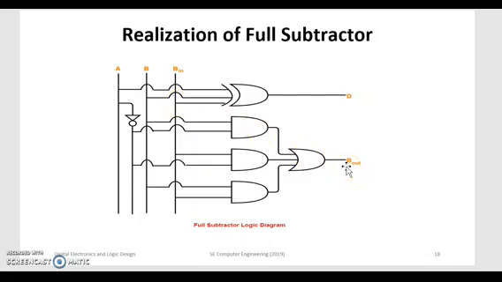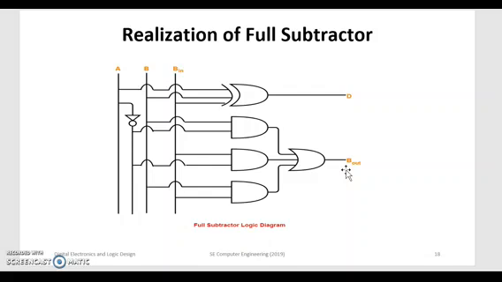For B out, for borrow, we have the equation: the first AND of A bar and B, so this is A bar B. The second AND of A bar B in, so this is A bar B in, and the third AND of B and B in, and all these 3 ANDs are combined together with this OR gate to get B out as output. So everything we have seen from the half adder to this full subtractor is the theory part.